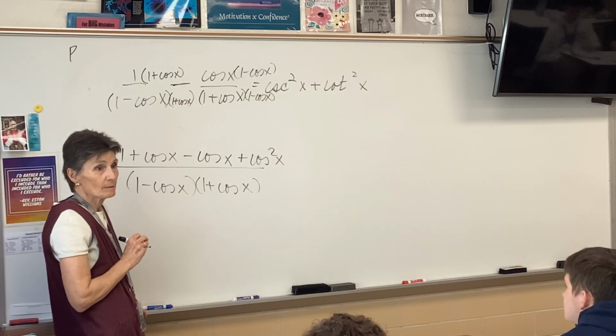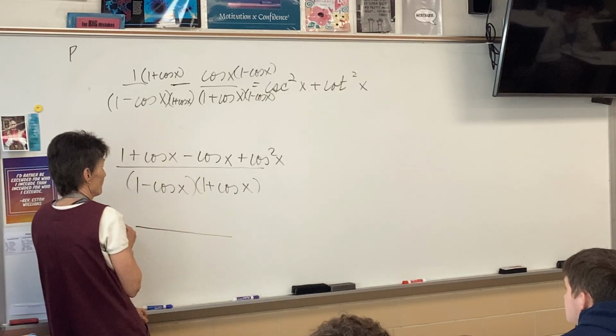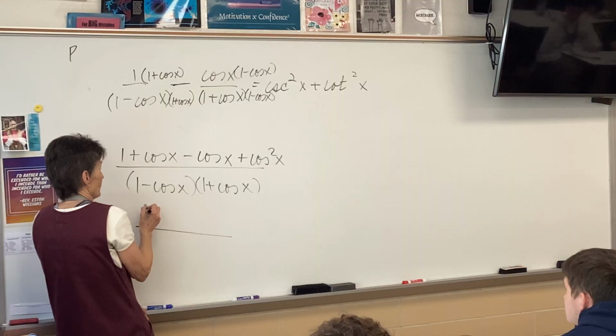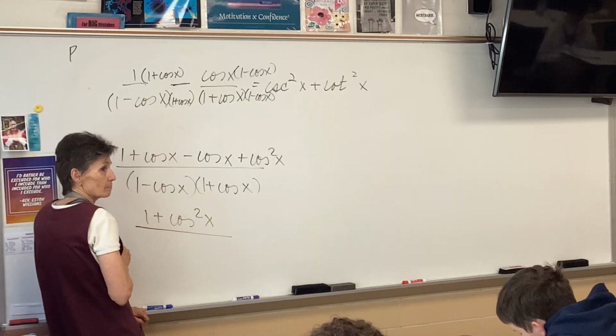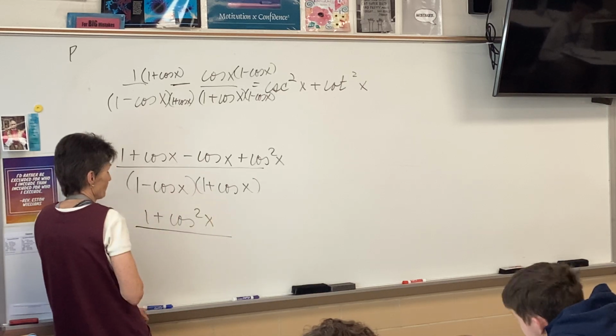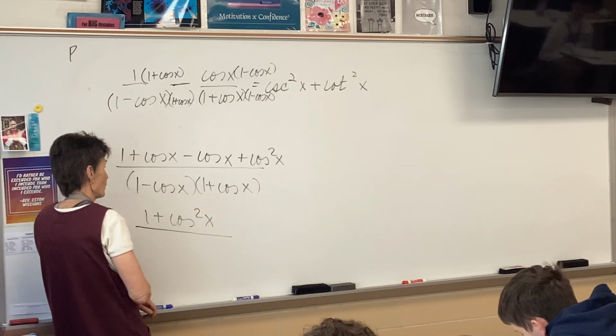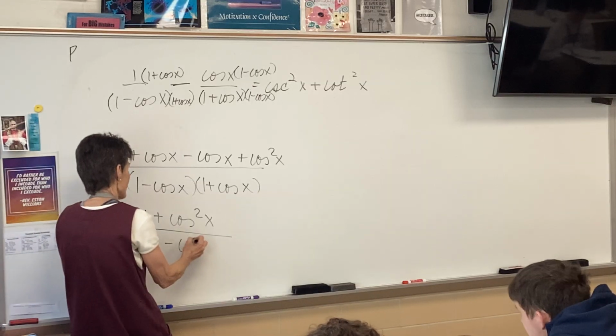Is that right? Okay. So what does that leave me with on the top? 1 plus cosine squared. And if I FOIL the bottom, what will that leave me with? 1 minus cosine squared.